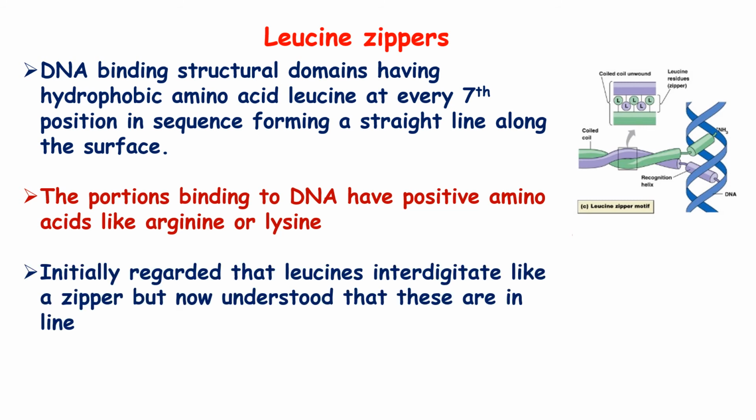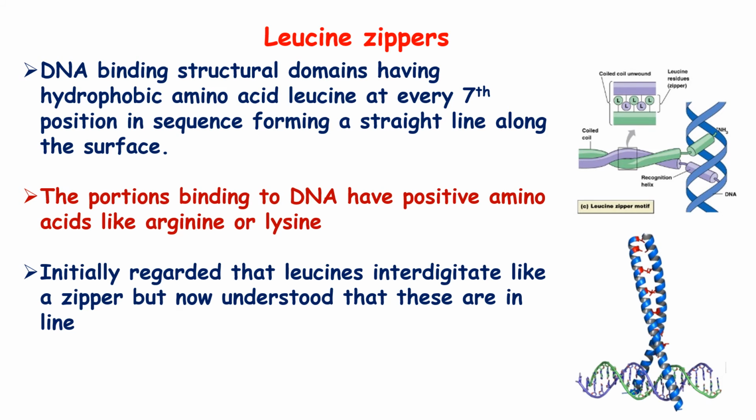It was initially regarded that leucines interdigitate like a zipper as shown in the diagram here, but it is now understood that they are lined up across each other as represented in this diagram in red. So the leucines of the two different motifs, the two different polypeptides, interact with each other line to line.